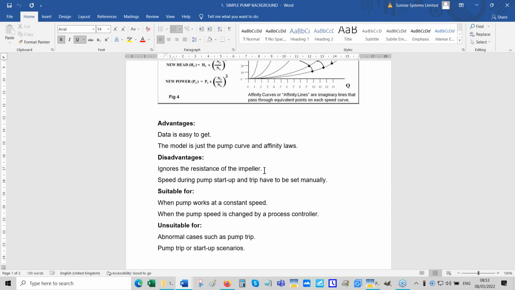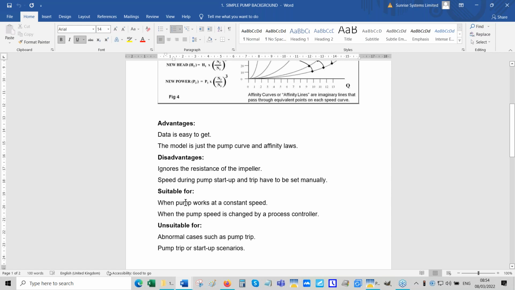And for these reasons, the impeller will actually give a resistance to flow. And the simple pump curve doesn't consider the resistance of the impeller. And it cannot, of course, calculate the speed by itself against time. It's something that you have to set up manually.